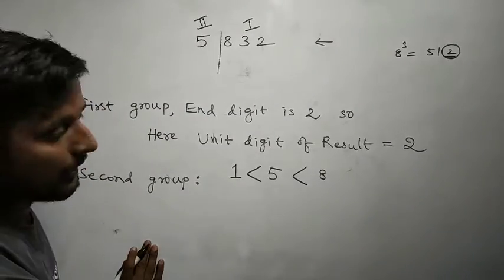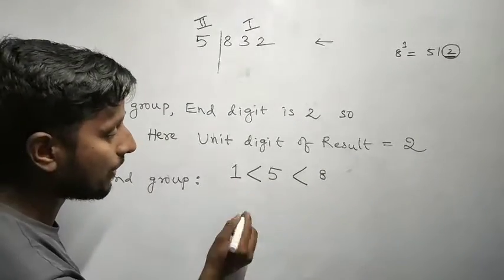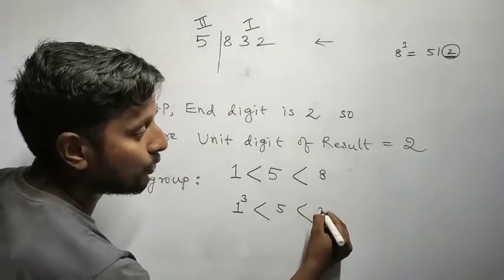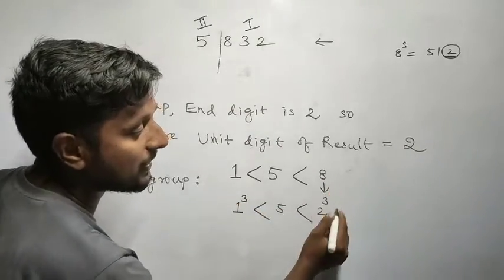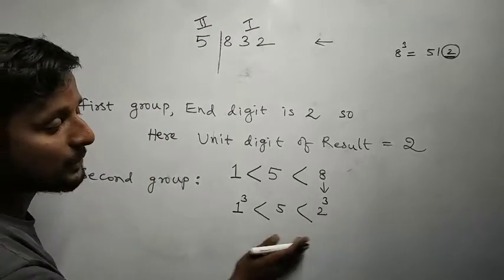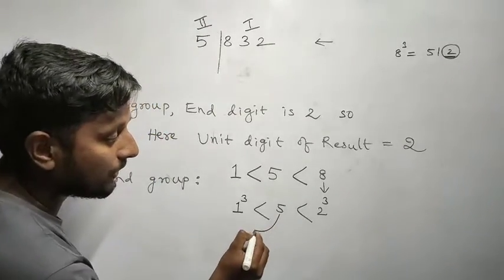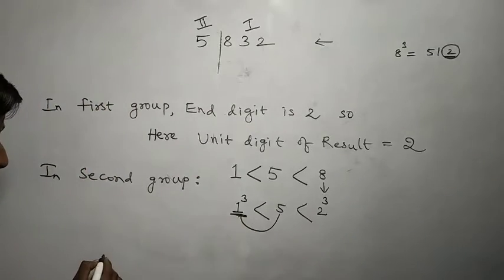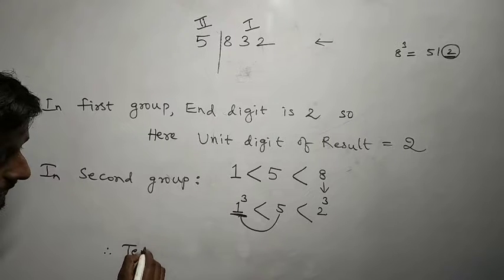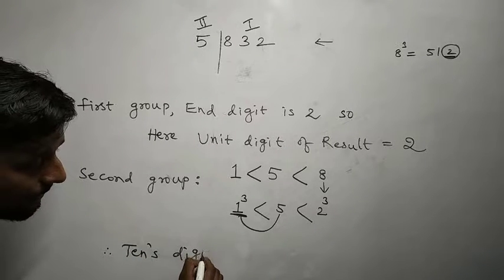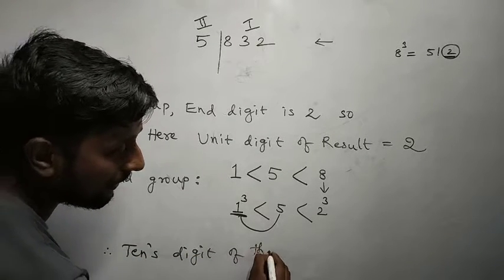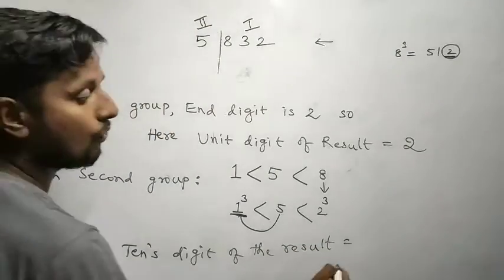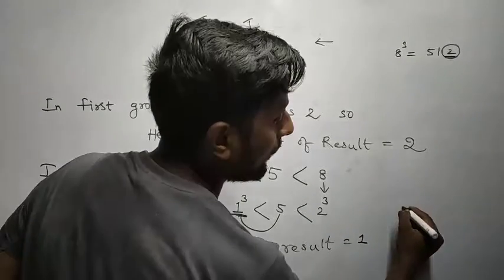Correct? Yes, 5 is between 1 and 8. So 1 we can express as 1 cube, and 8 we can express as 2 cube. After expressing like that, we take the smaller number. What is the smaller number? 1. Correct? So therefore the tens digit of the result is 1.